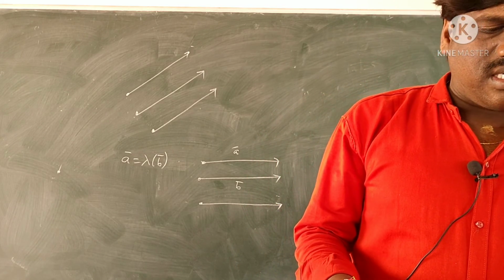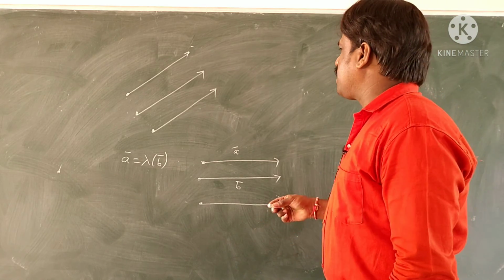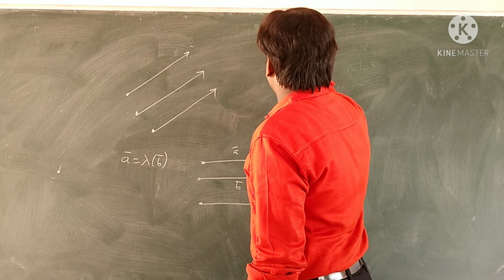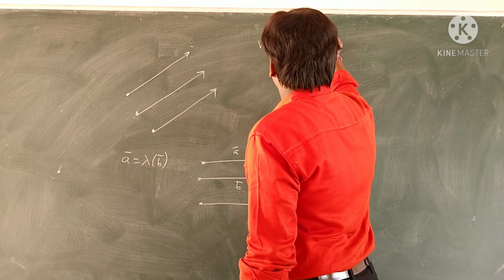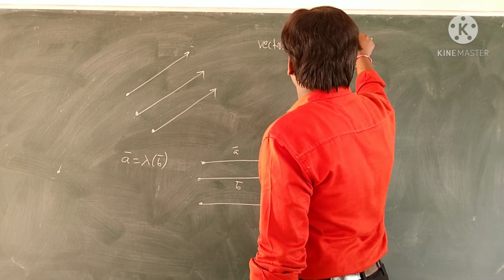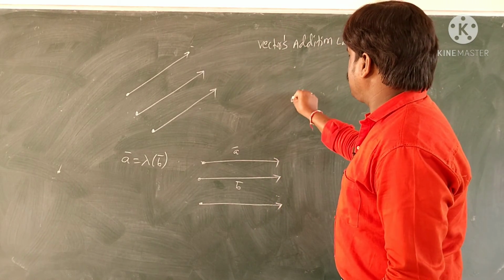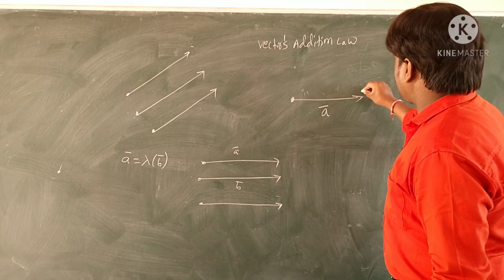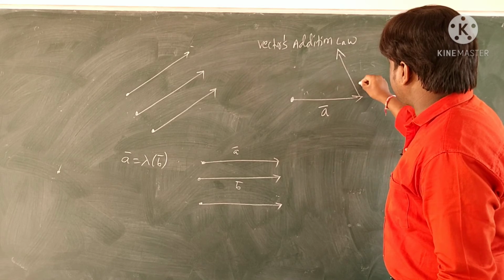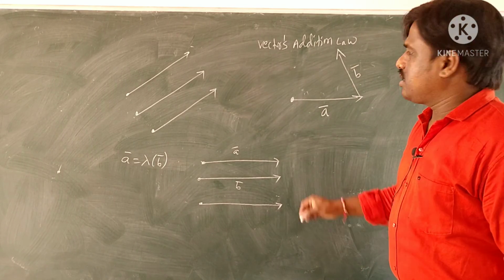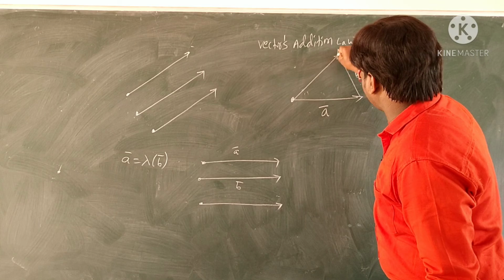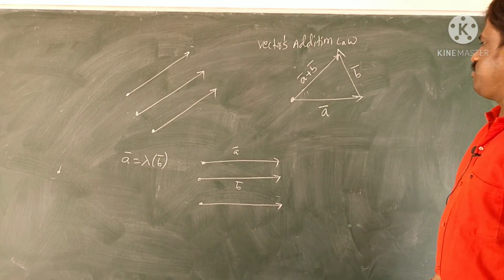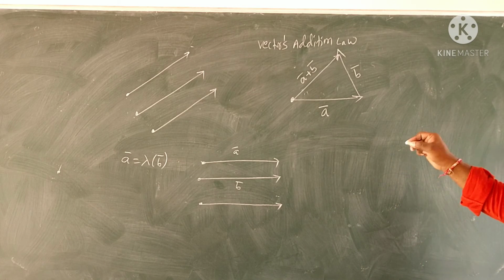And next is the vector addition law. What is the vector addition law? See here, this is a vector A, and from here this is a vector B. Then the vector which forms from here to here is called vector A plus B. So it's the triangular law we say.